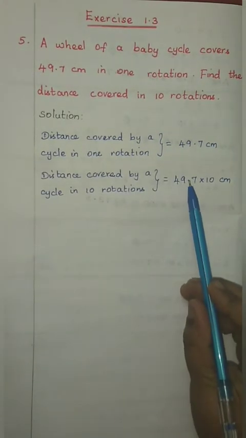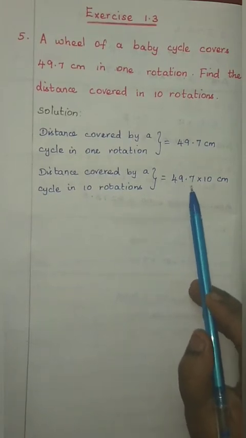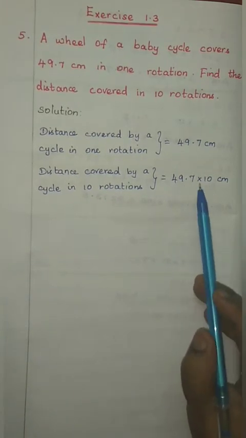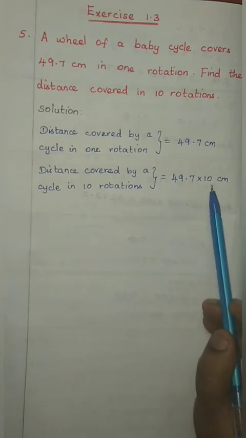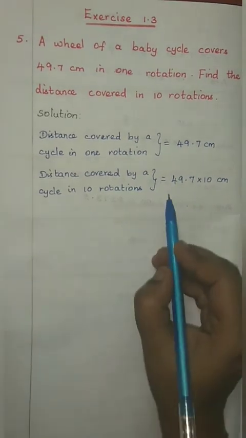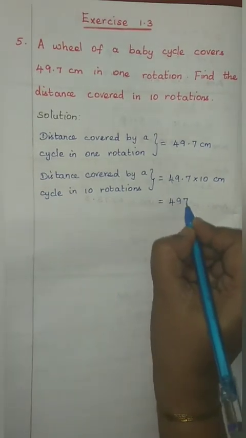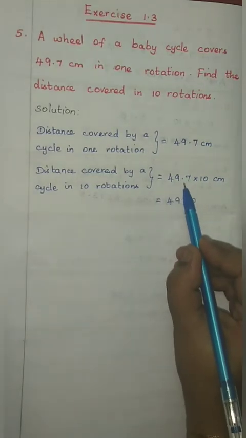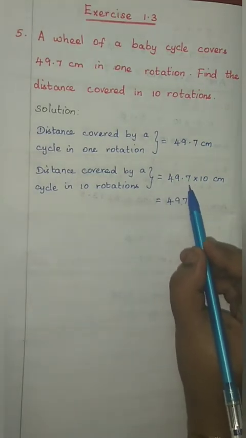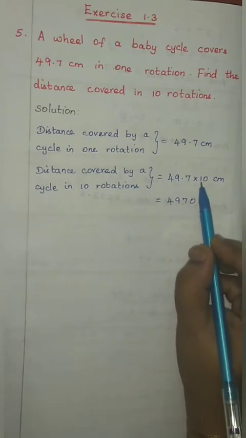Now forget about this decimal point. When we multiply any number by 10, we get a number that has the same digits followed by 0. Isn't it? 4970. Now in the first number, after the decimal point, how many digits do you see? One digit, and the second number is a whole number.